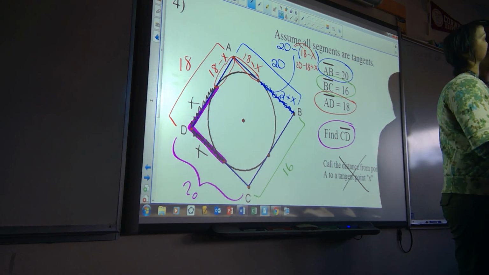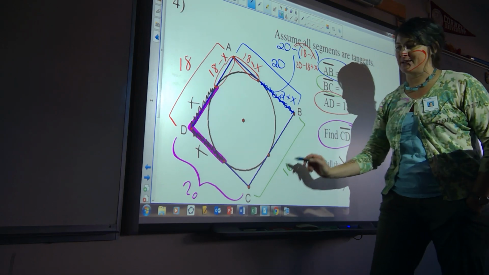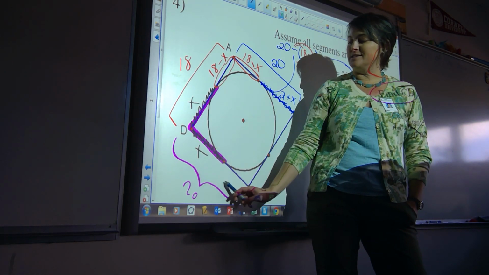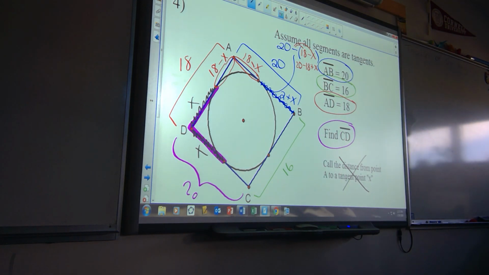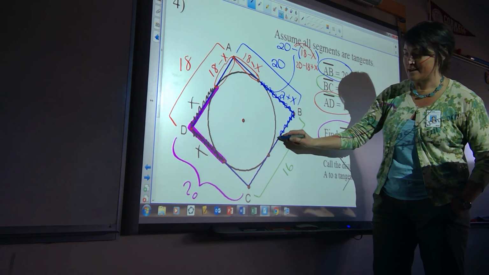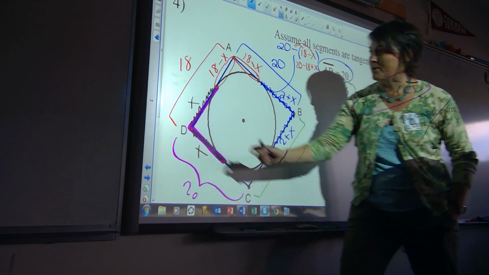Okay, this problem is called a walk around problem. Because what's going to happen is I'm going to walk all the way around this circle and I'm going to get back to this pink area and I'm going to be able to add these two things together and get my answer. Okay? All right, but let's keep walking. Now, if this is 2 plus x, what is this? Boom, 2 plus x. Okay, so now we got to do this green part.